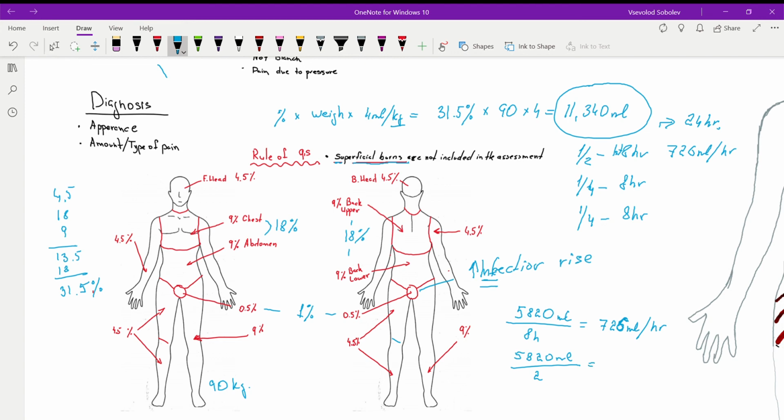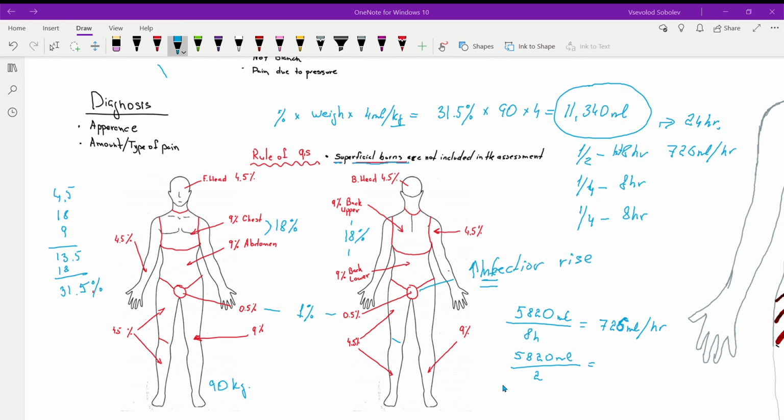So let's get the calculator back. Let's see. 5,820 divided by 2.